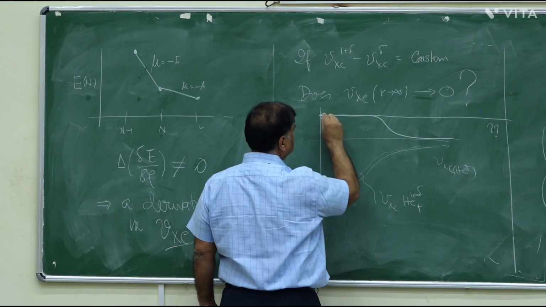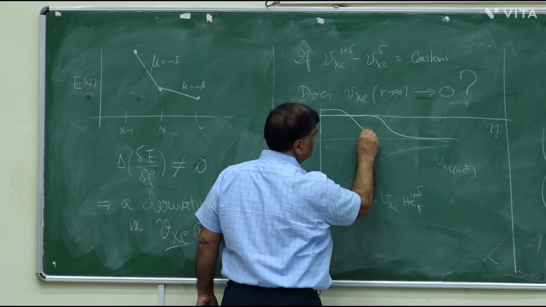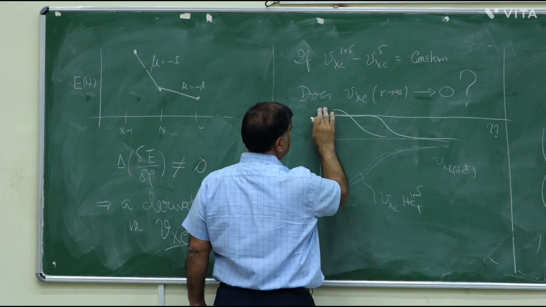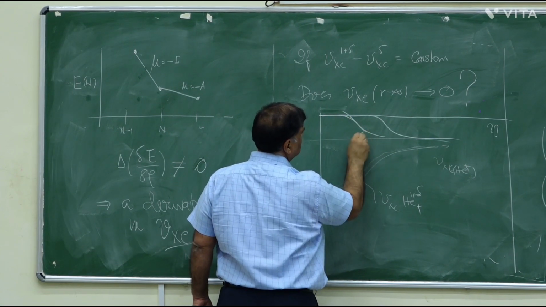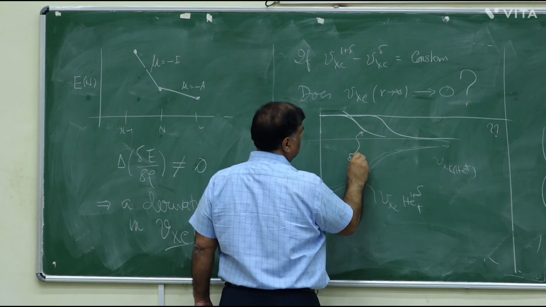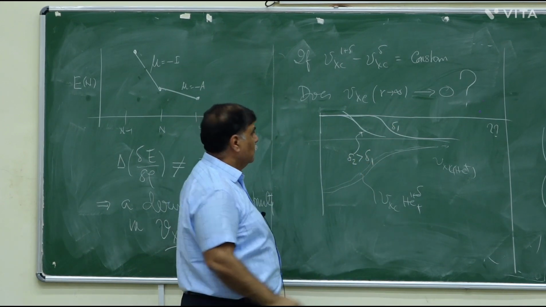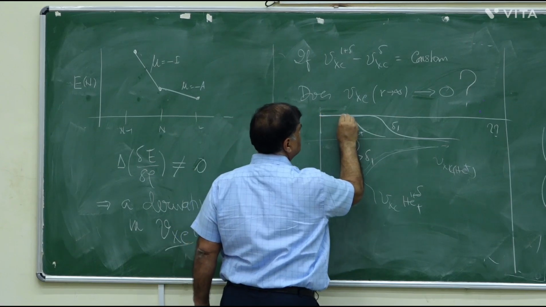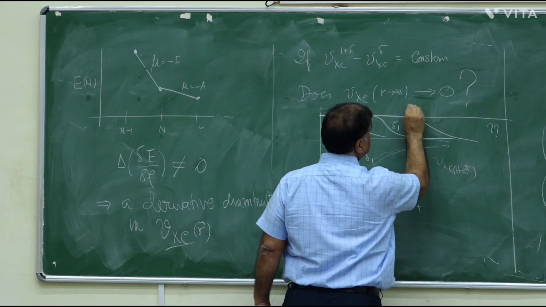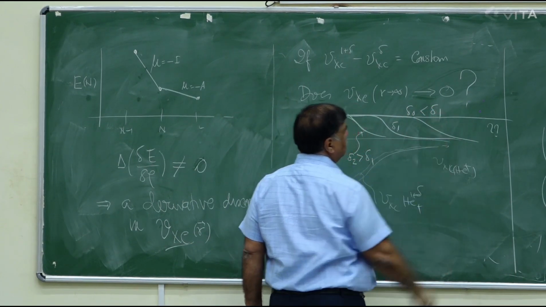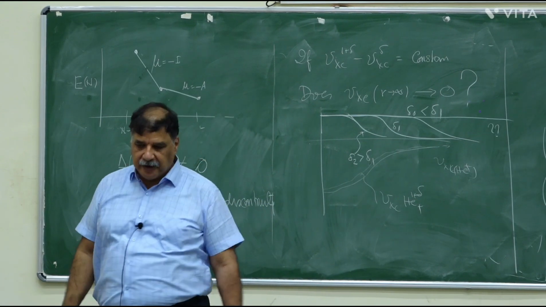If this delta is larger, this region becomes shorter and shorter. This is delta 2 larger than delta 1, and this is delta 0 smaller than delta. Why does that happen?